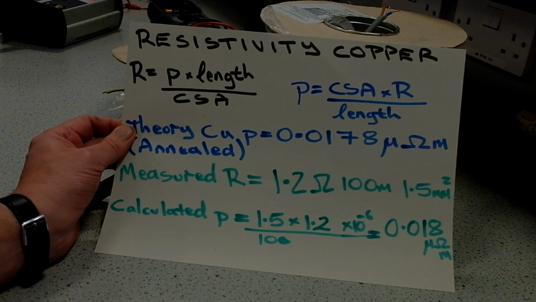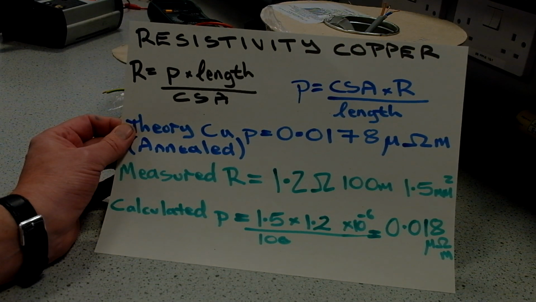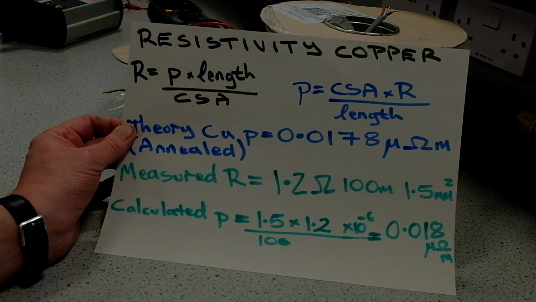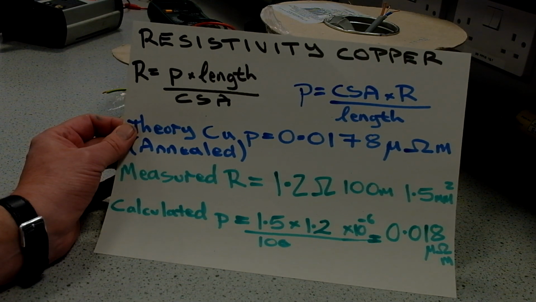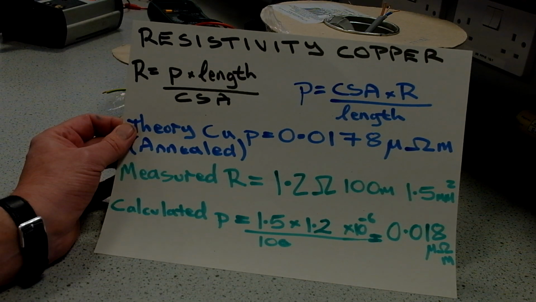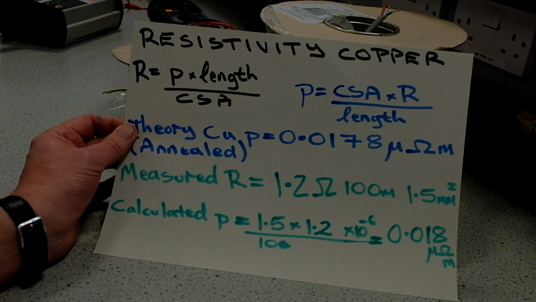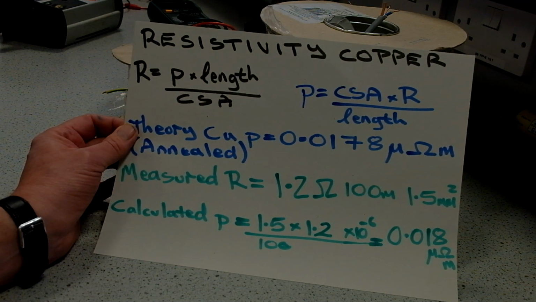It also matches, if you look at the BS 7671 wiring on-site guide, table I1, which says 1.5 should give you 12.1 milliohms per metre. If you do the reverse calculation, that comes out to be 0.018 micro-ohm meters. So we've proved the theory resistivity for annealed copper against experiment, and it comes out to be the same value.